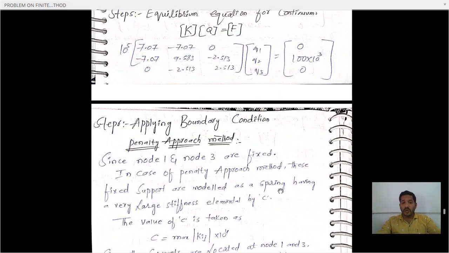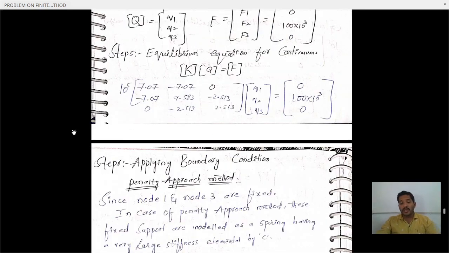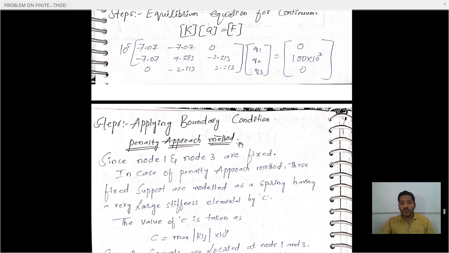In this case, node 1 and node 3 are fixed. If node 1 and node 3 are fixed, we need to eliminate the first row, first column, third row, third column.